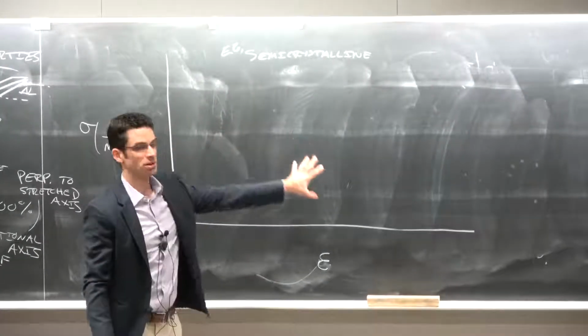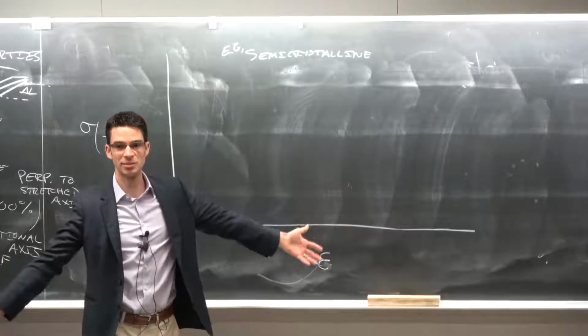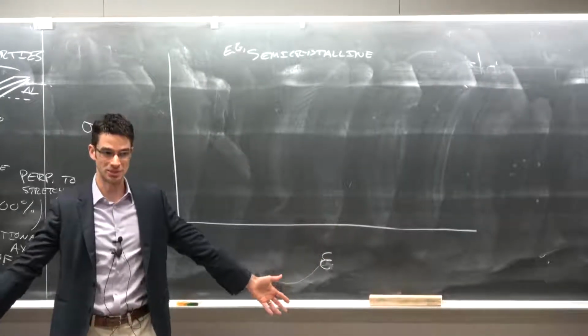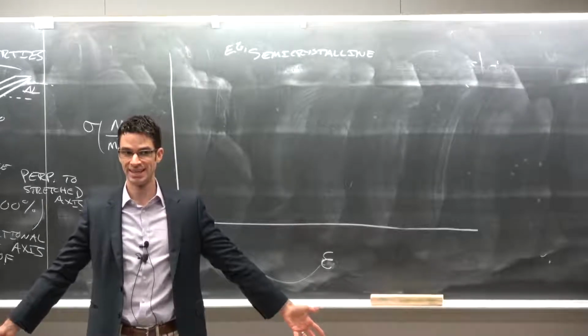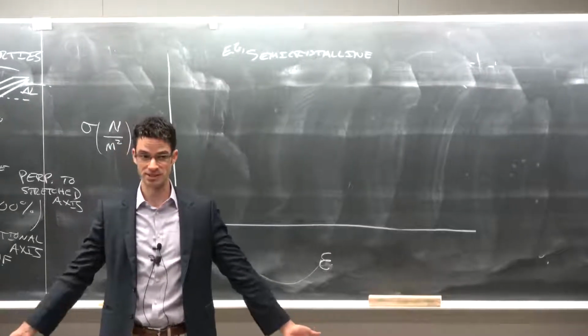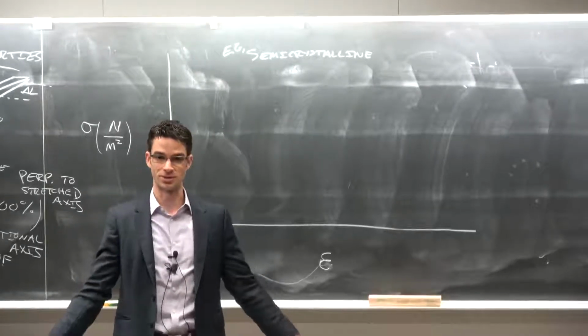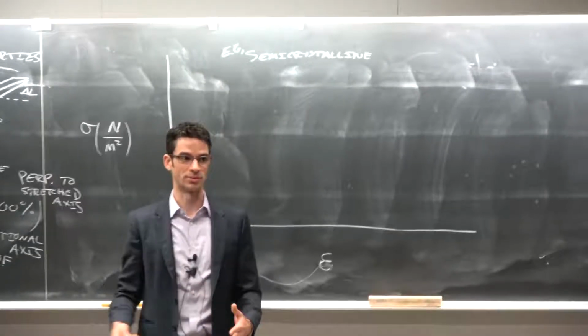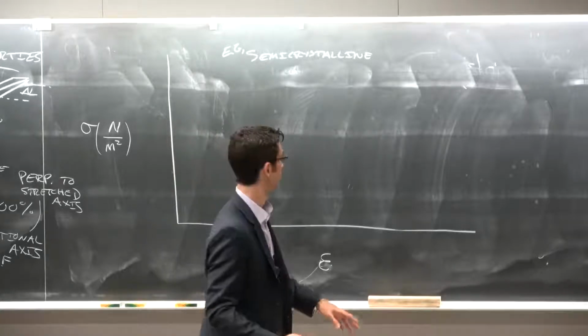When I draw this plot, it's not like all semicrystalline samples are going to have the same stress strain curve, or some of them don't even exhibit all the same features as the curve I'm going to draw, but I'm going to draw a generic one and explain what's happening microstructurally.